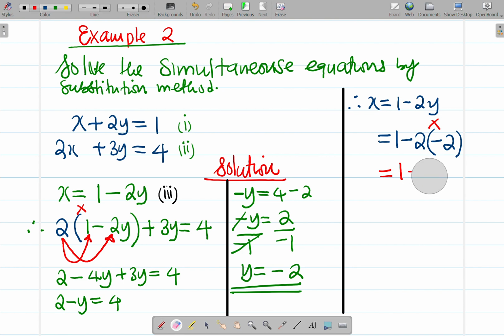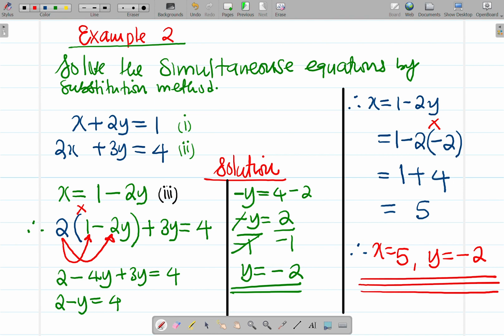This implies 1 plus 4. So 1 plus 4, the answer is 5. Therefore I can put these together as x is equal to 5, while y is equal to negative 2 there. So that is my solution.